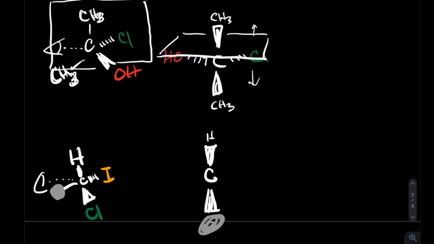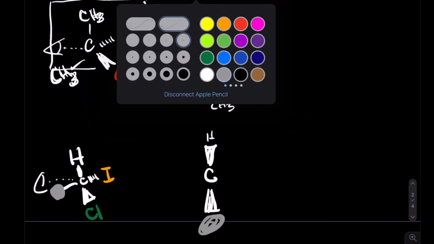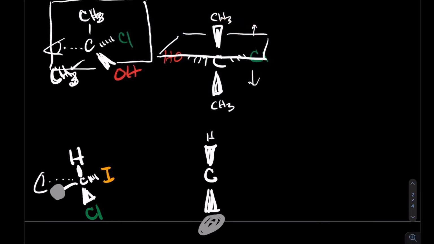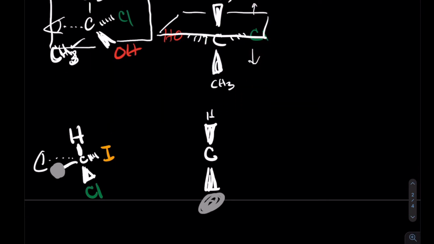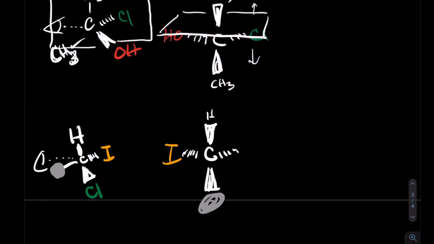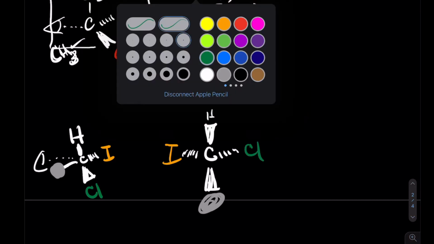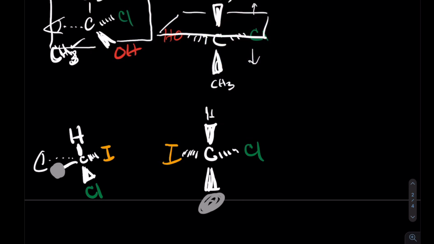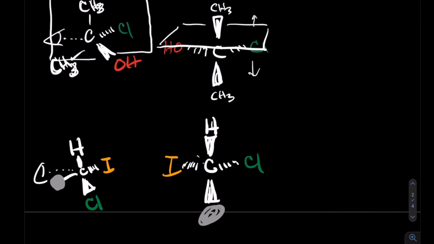And then the iodine going off to one side, and the chloride going off to the other. What we cannot do now is draw a plane of symmetry anywhere in this molecule. The top and the bottom look different, and the left and the right look different. There's no real way we can draw a plane.